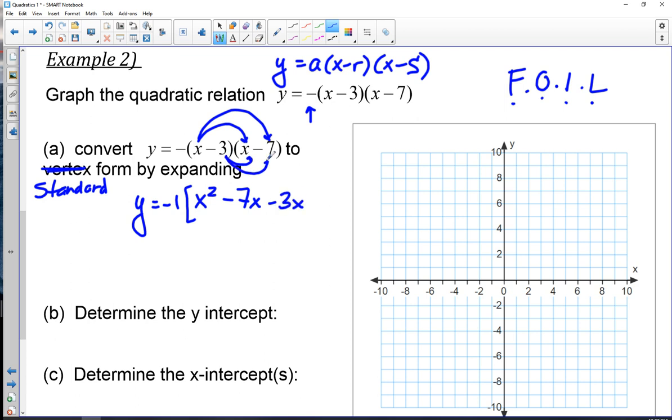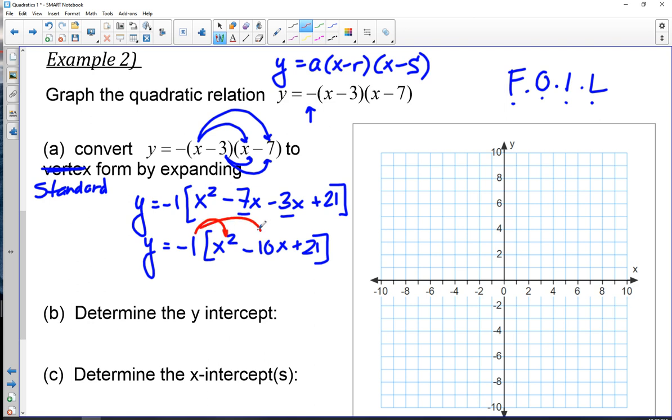And then finally, -3 times -7, positive 21. Okay, we'll collect our like terms. So -7x minus 3x is -10x. And then finally, I'll distribute that -1. So I'll have y equals -x squared plus 10x minus 21.